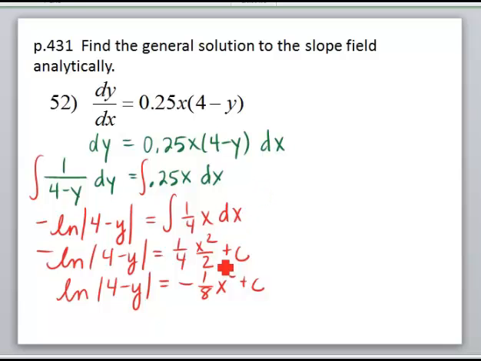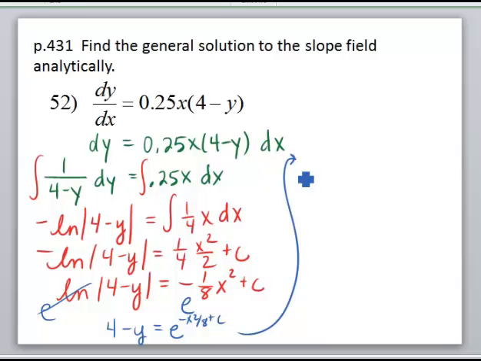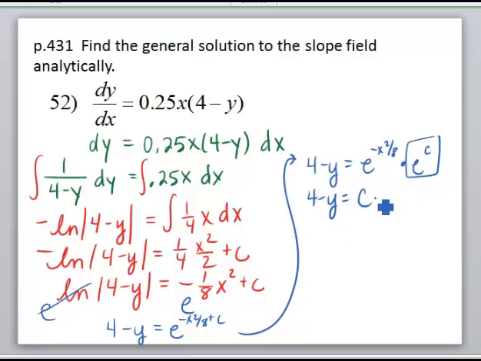Now, the next thing I can do is get rid of the ln by e'ing both sides. So that gives me 4 minus y equals e to the negative x squared over 8 plus c. So I have 4 minus y equals e to the negative x squared over 8 times e to the c. There's that big C again. So I've got big C e to the negative x squared over 8.